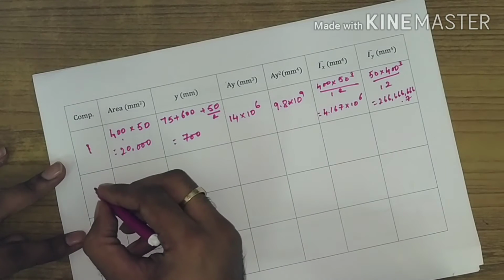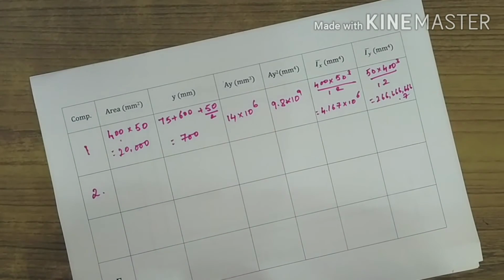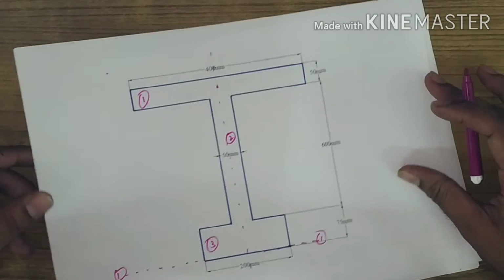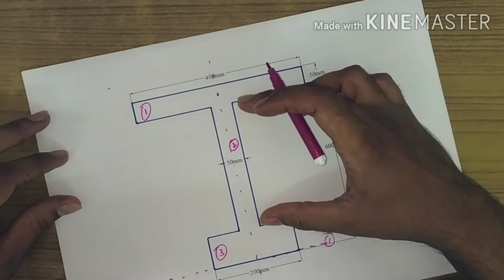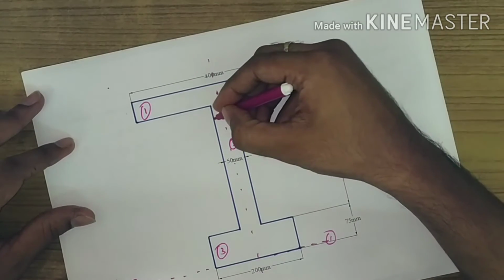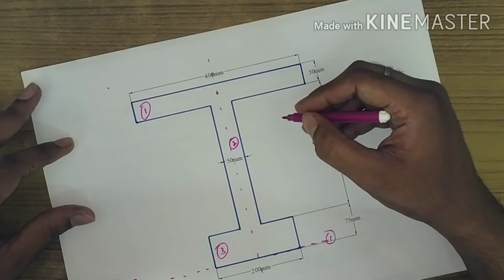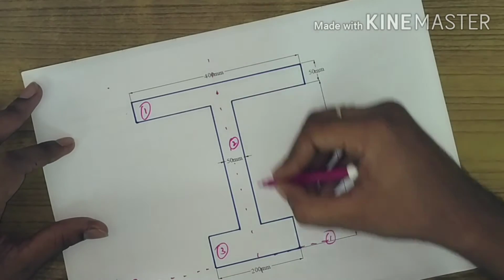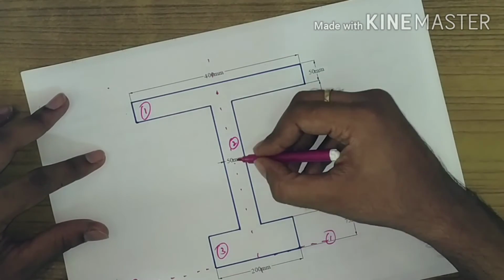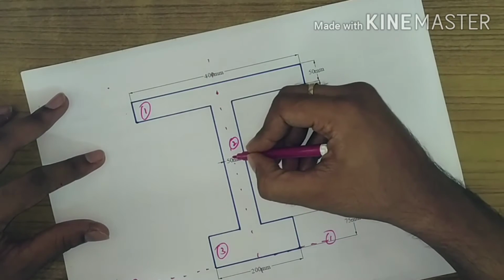So let's move on to the second component, right? Which is our second component? It is the rectangle which is lying in the Y direction. So this is our second component. Its area will be 50 into 600 and its centroid will be at a distance of 600 by 2, that is somewhere here.